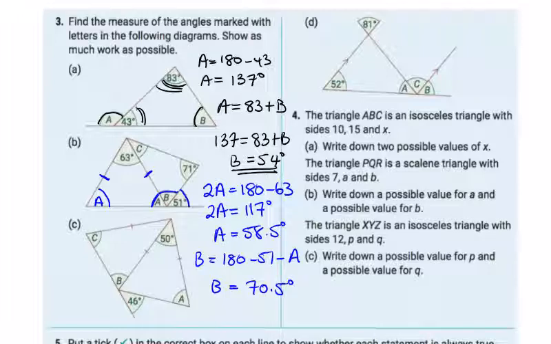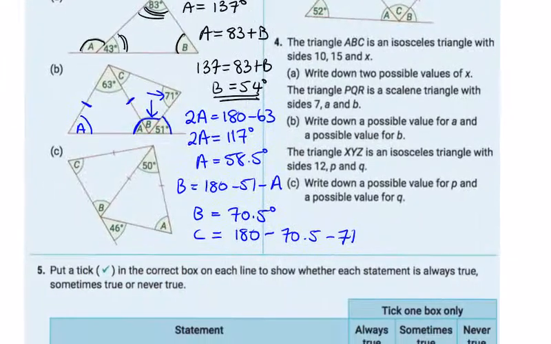Just double check. And then that leaves C to be, again, I'll just take them away from 180. 180 minus B minus 71. C is equal to 180 minus B, 70.5 minus 71, so 140. And then take away 1.5, so we're going to be left with 38.5 degrees for C.